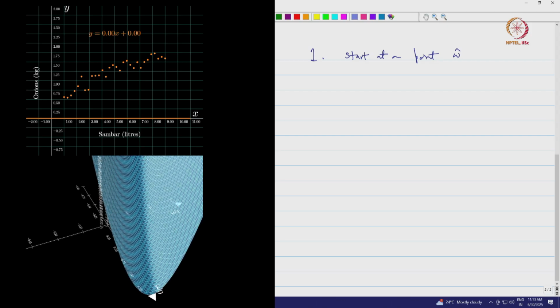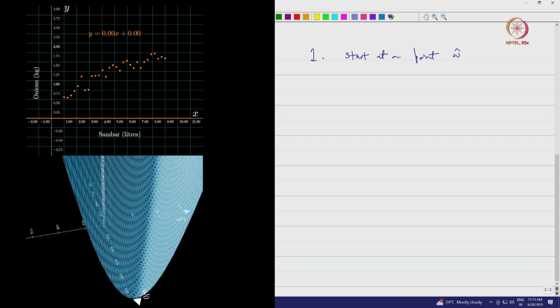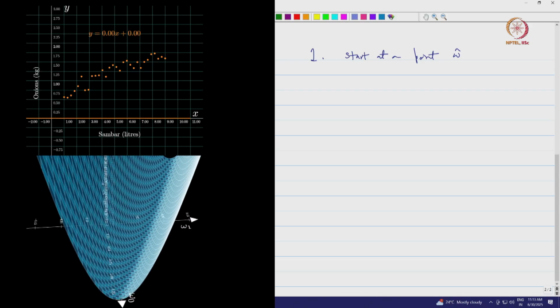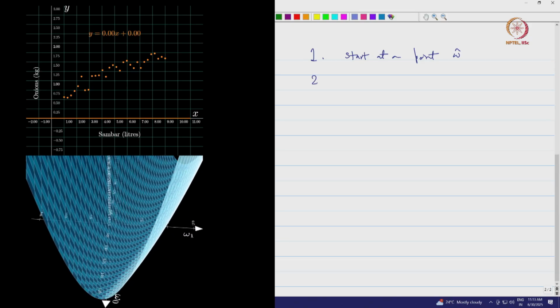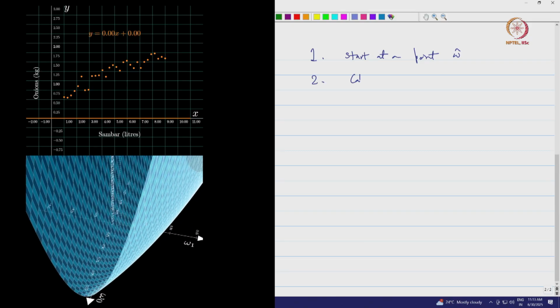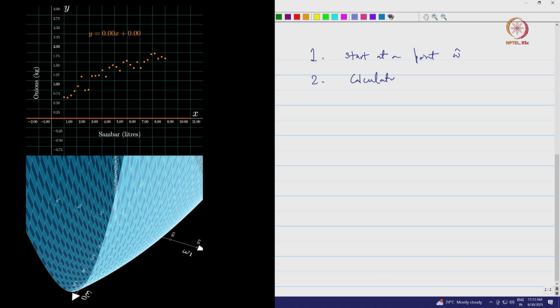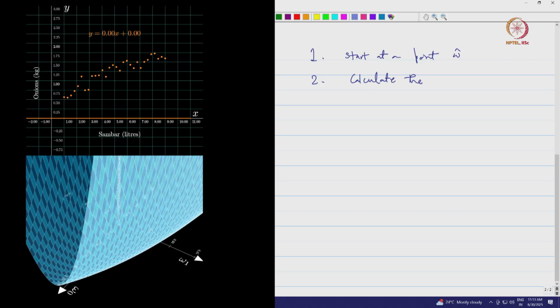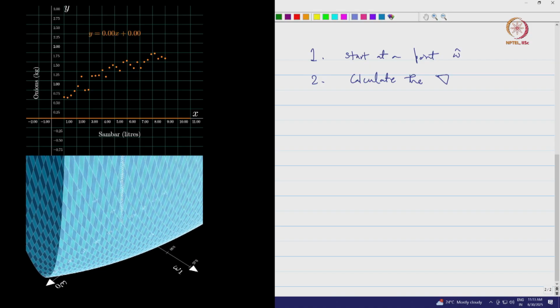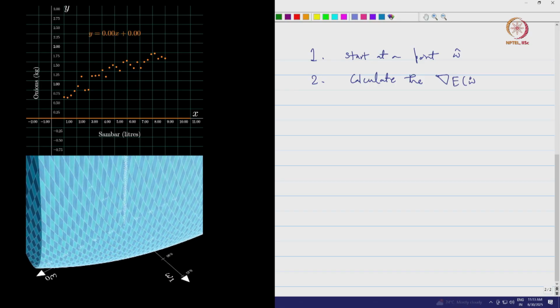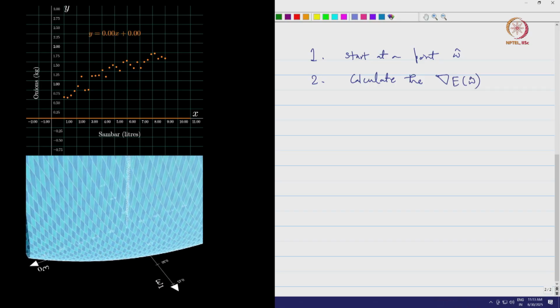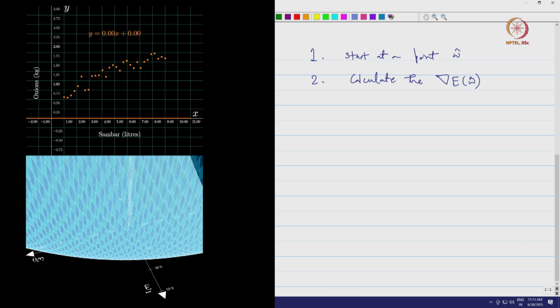Now, once we start, we want to know the direction of greatest decrease in error. Therefore, calculate the gradient nabla E at omega hat. So now we know the direction, so let's move in the opposite direction.